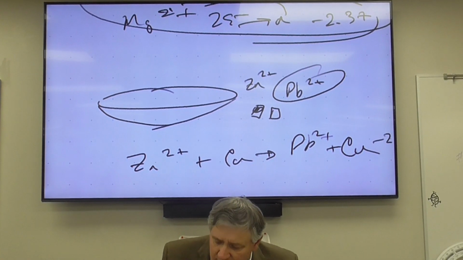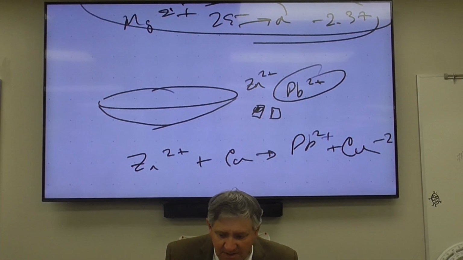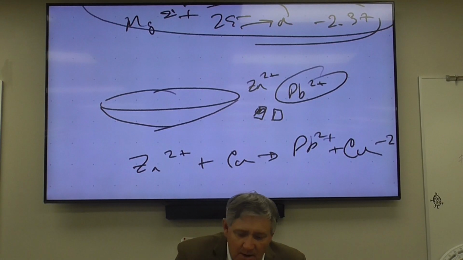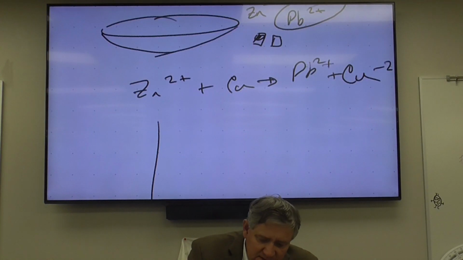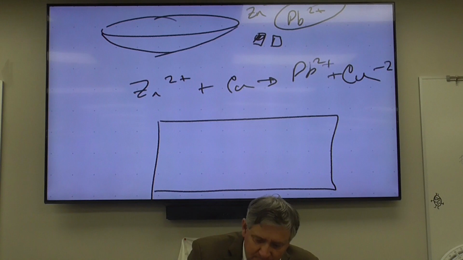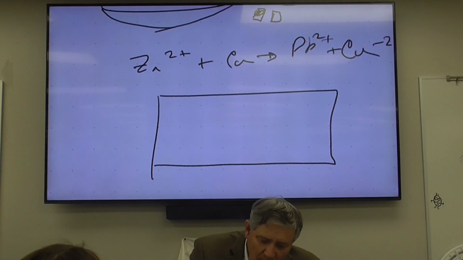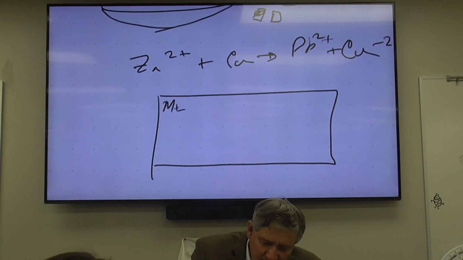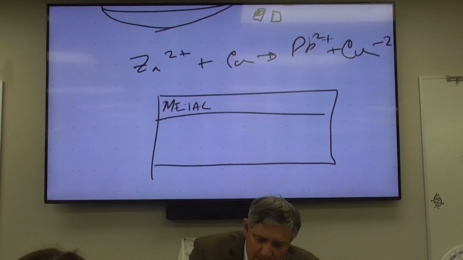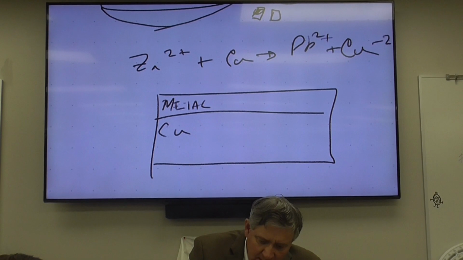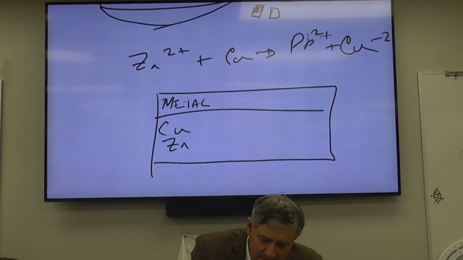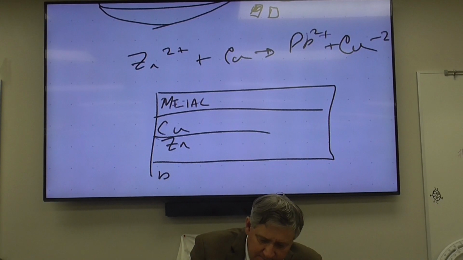This is why I tell you, wear safety glasses above all else. What I would do is set up a chart. Here's the metal: you're going to have three metals, copper, zinc, and lead.